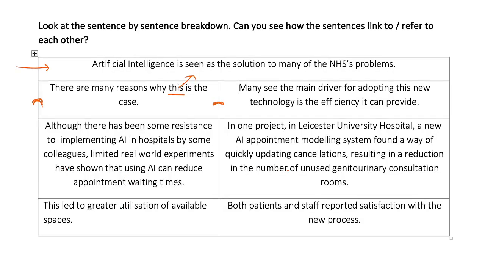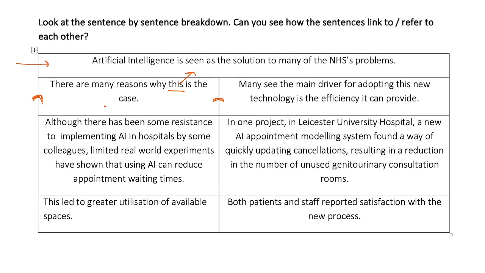Okay, now we've got some longer sentences. Although there has been some resistance to implementing AI in hospitals by some colleagues, limited real-world experiments have shown that using AI can reduce appointment waiting times. Okay, so now what we've done here is we've used a bit of contrast so we can see that there are two clauses being linked together in this sentence, which is great.